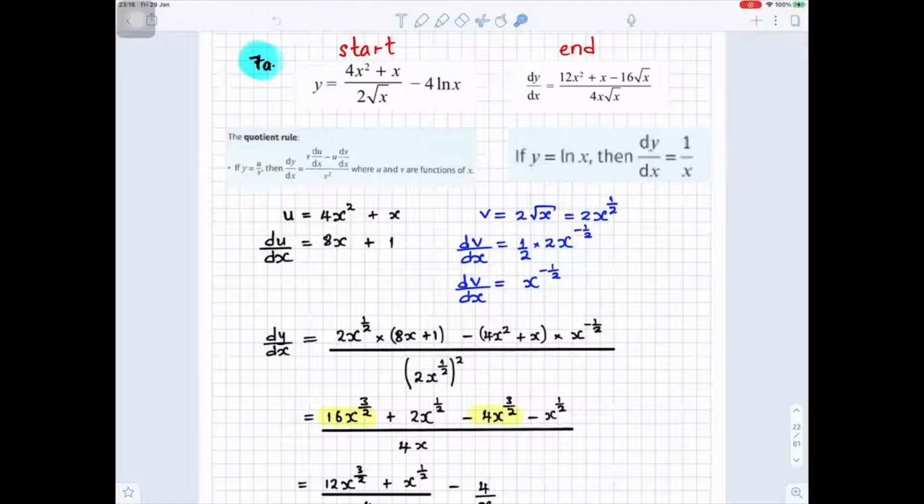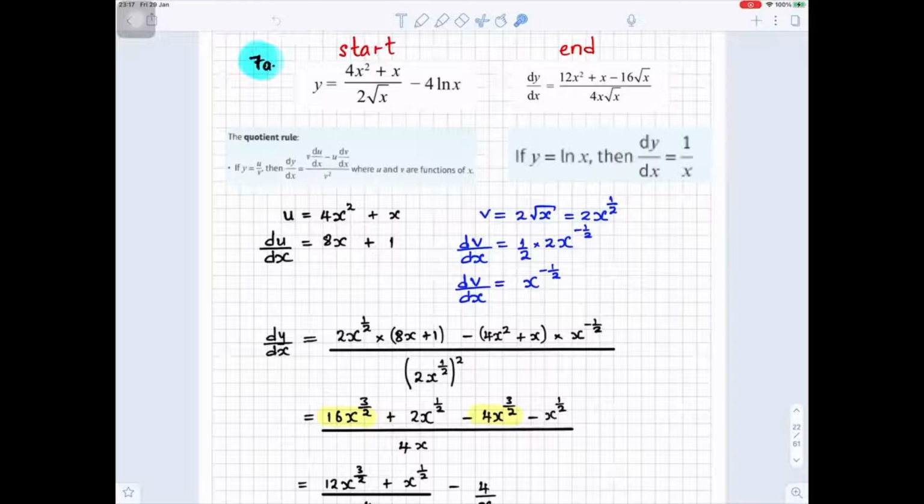So it becomes half times 2x to the minus a half. Half times 2 will give you 1, so it's x to the power minus a half. Now we put that into the quotient rule formula. So we have v, which is 2x to the half. That goes there, and that's for the v.